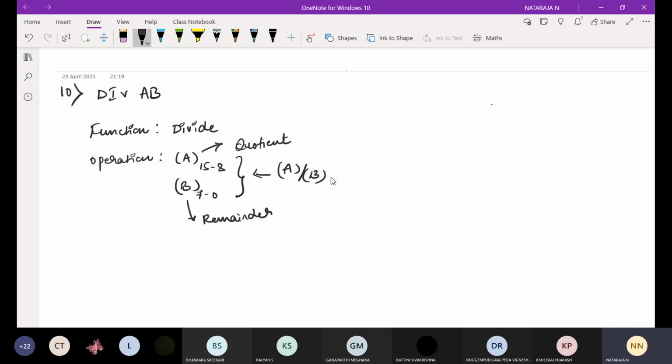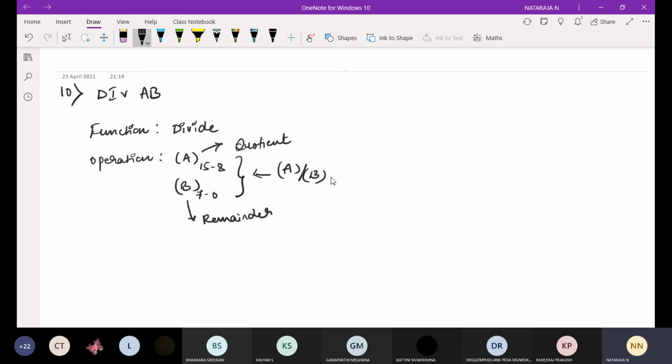For example, initially I load some data to A and some data to B, as direct data, and then divide A and B. Then A is stored with the quotient and B is stored with the remainder. Whatever data A and B had before will be erased and replaced with the new data. That is the concept of division of A and B.